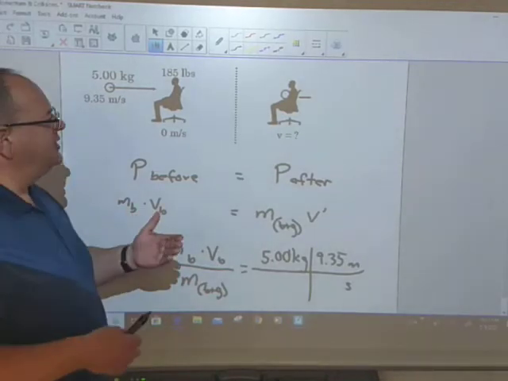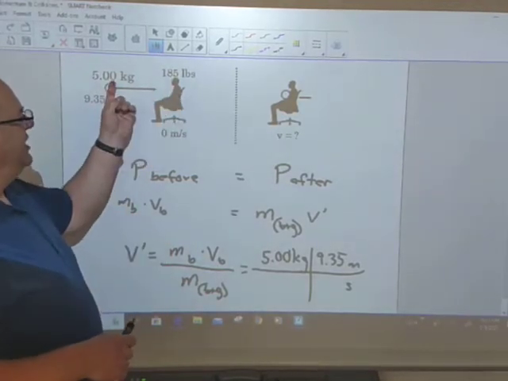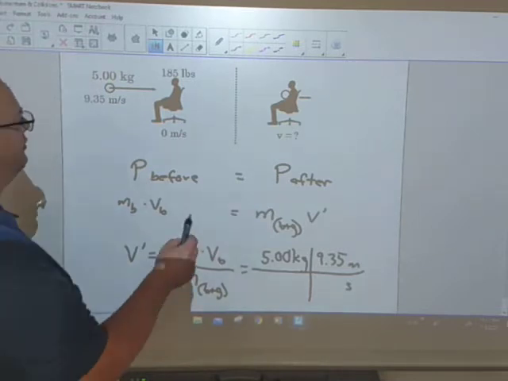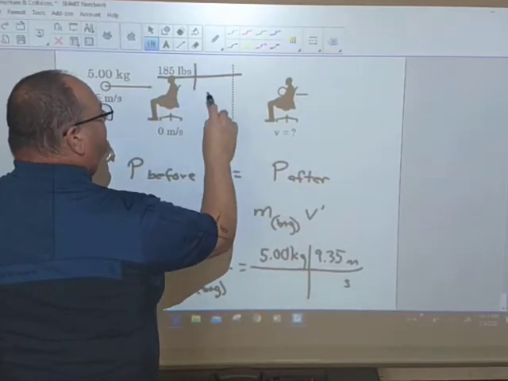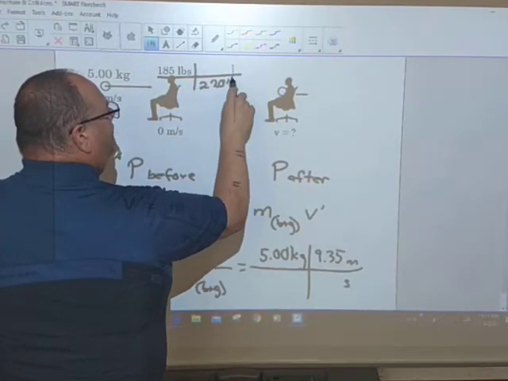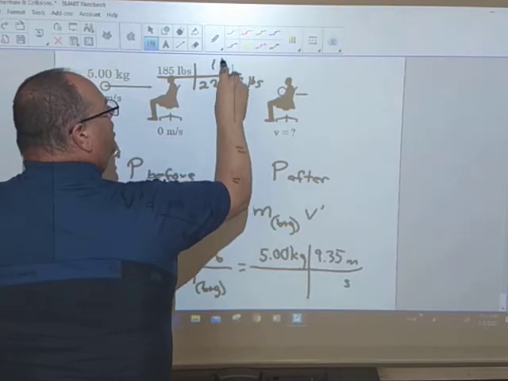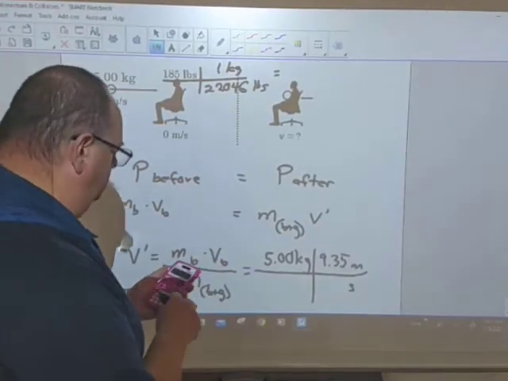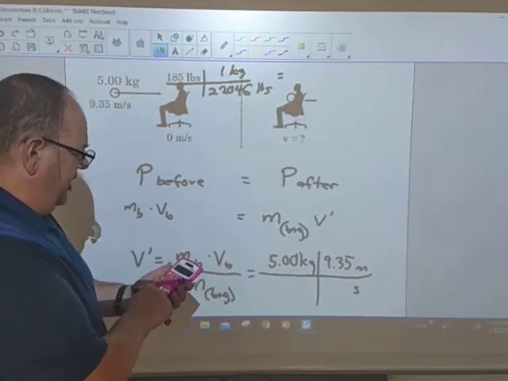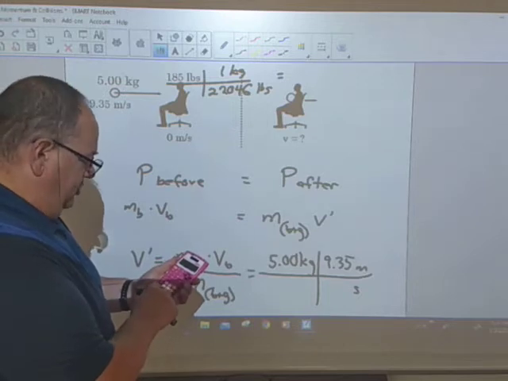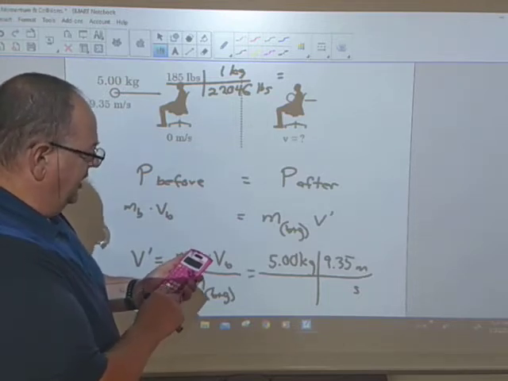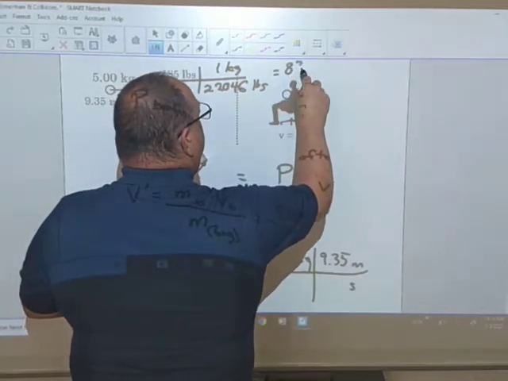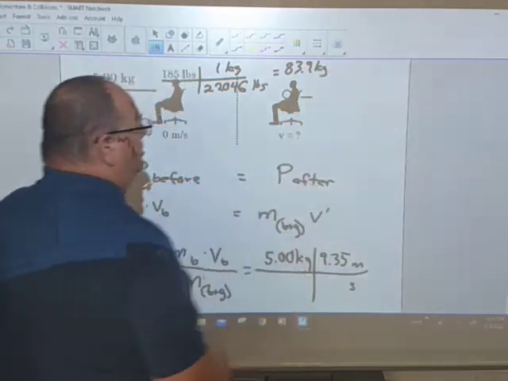And here is where I get just a little bit of problem. This was in kilograms, this was in pounds. So I just want to go somewhere off on the side and do a little conversion factor. There's 2.2046 pounds in 1 kilogram. So what's the mass of our guy? 185 divided by 2.2046 equals 83.9 kilograms.